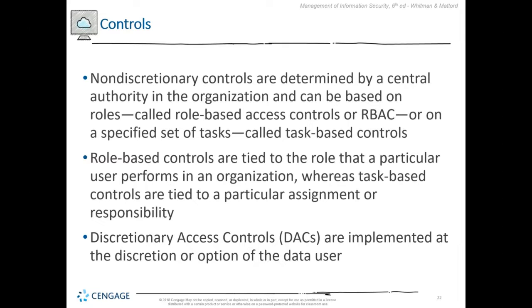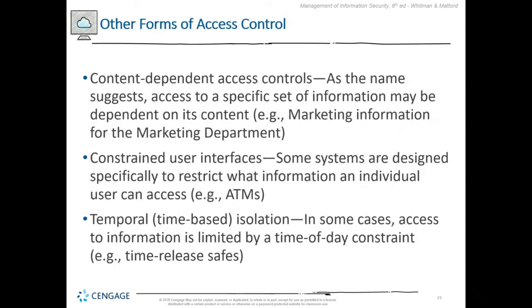Discretionary access controls are implemented at the option of the data users. In here, the user can allow general unrestricted access, or you can allow specific individuals to access certain resources. So this will be using their discretion. Some other forms of access control include content-dependent access control.